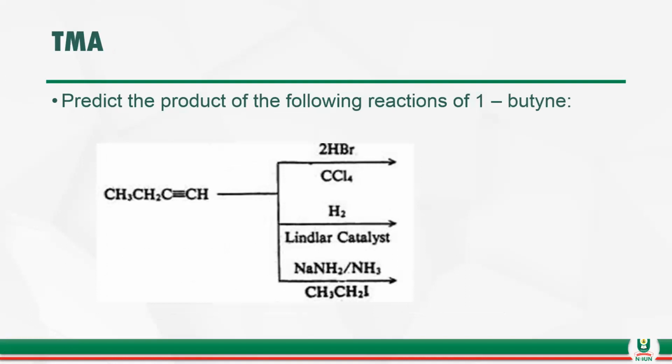Predict the product of the following reactions of 1-butene. This is butene reacting with hydrogen bromide, 2 molecules. What will be the product? Yes, sir.